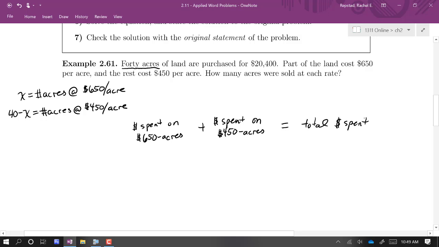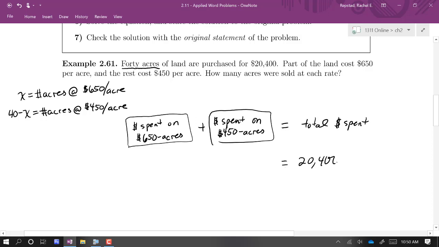So now I've broken it down, and I just need to come up with an expression for how much was spent on the $650 acres, and how much was spent on the $450 acres, because I know the total is $20,400. For the money spent on the $650 acres, they were $650 per acre, and there are x acres.